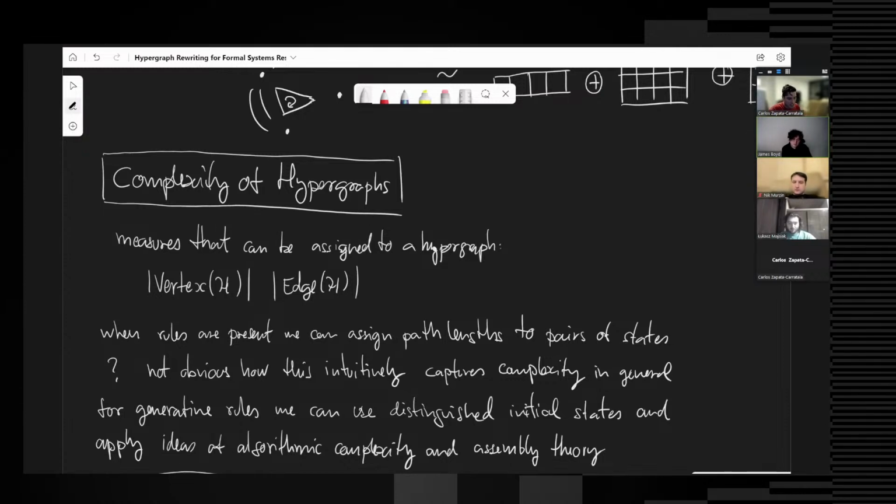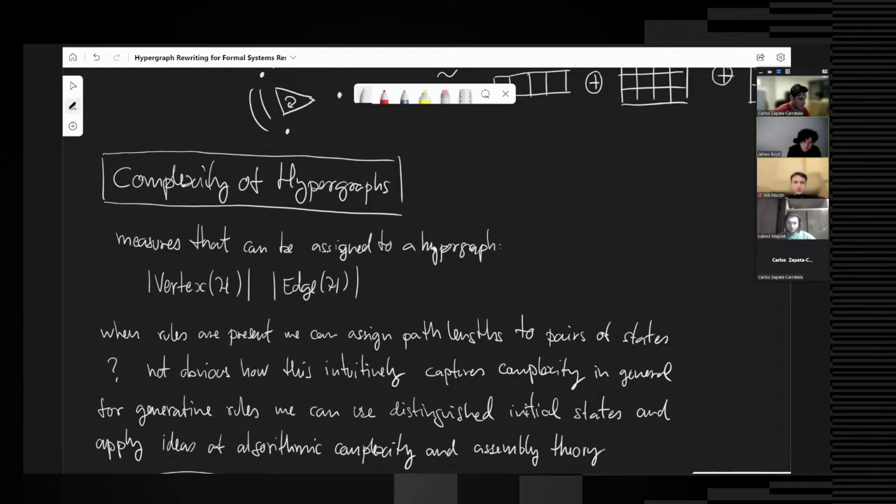When you have a string, which is a very special kind of hypergraph, which is basically just a sequence of pairwise edges, the length of that path is essentially the cardinality of the vertex set, or the cardinality of the edge set, more accurately. So more generally, you get that.